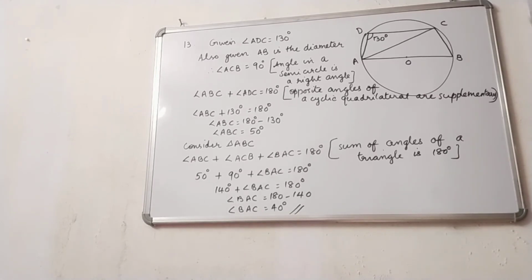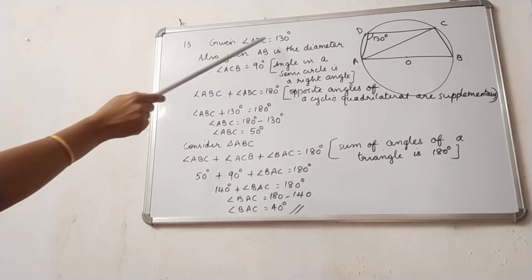ABCD is a cyclic quadrilateral in a circle with the center O. If angle ADC is equal to 130 degree, find angle BAC. Question number 13. So, given ADC is equal to 130 degree.